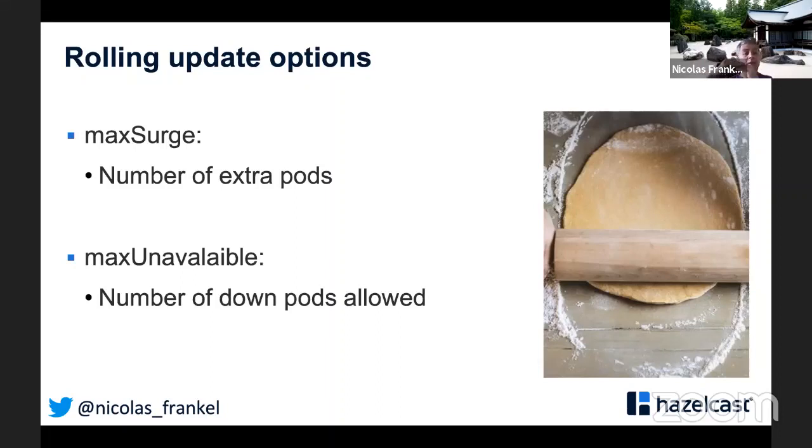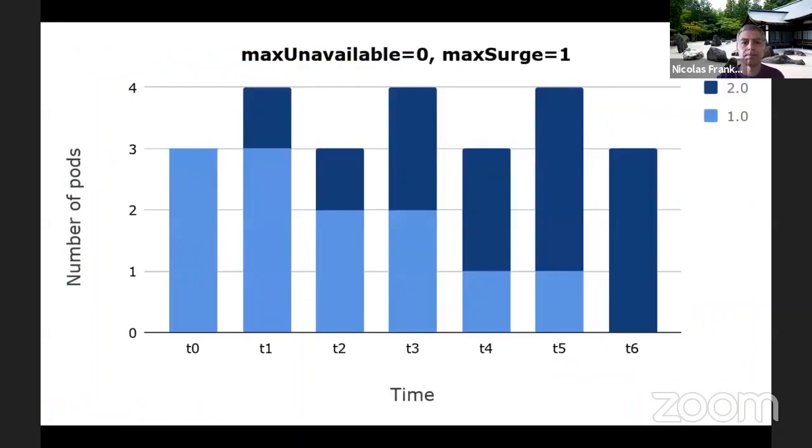So in the first case, we accept to use extra resources. So if you're on the cloud, to pay extra stuff. And on the max unavailable, it's the number of pods that we accept that will be done. So we accept that at some point there will be less redundancy. And here is a little diagram that I draw to show you how it works.